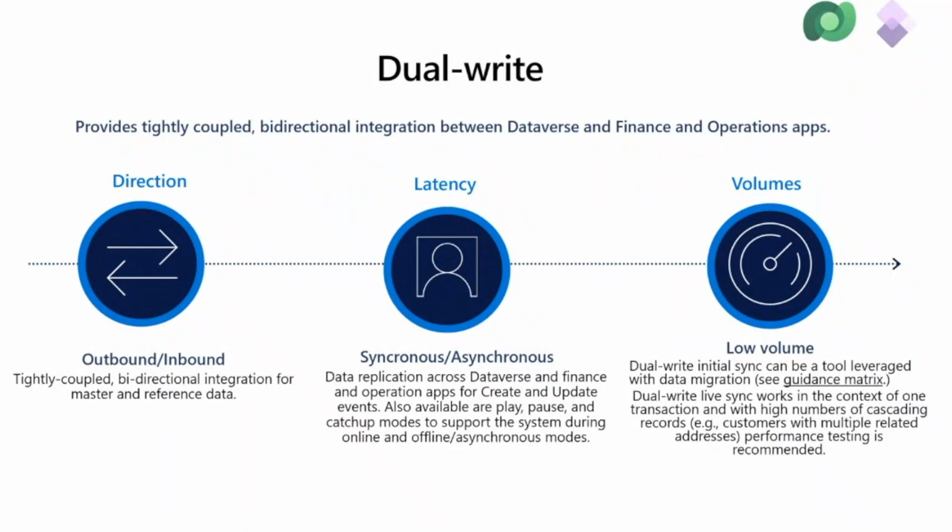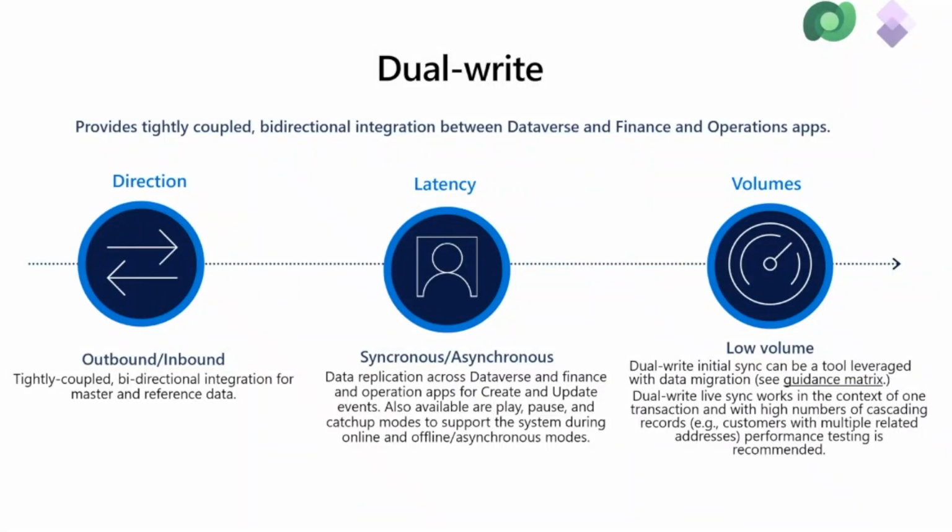These packages deliver logic, metadata, and, very importantly, out-of-the-box table maps for syncing entities between Dataverse and FNO. For example, table maps for customers, quotes, orders, parties, addresses, and you can even create your own custom table maps or customize the out-of-the-box ones.